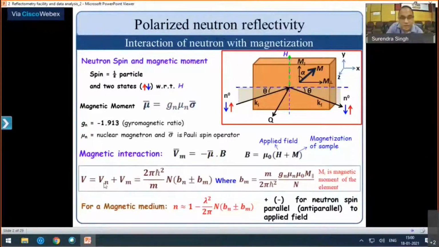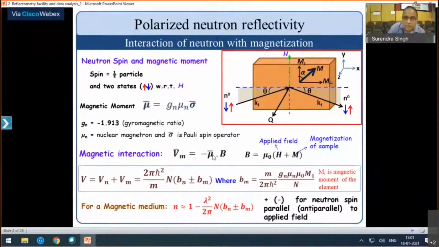V is now written as Vn plus Vm, and Vm, just now we said, is minus mu dot B. If you replace this mu by Zn, where Zn is the gyromagnetic ratio, minus 1.913, times the neutron magneton mu_N, and sigma is the Pauli spin operator, which has X, Y and Z components, and is a 2 by 2 matrix.